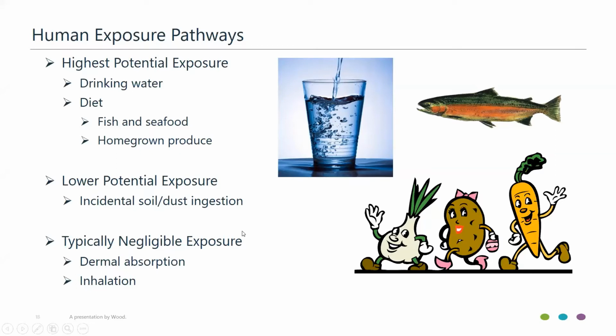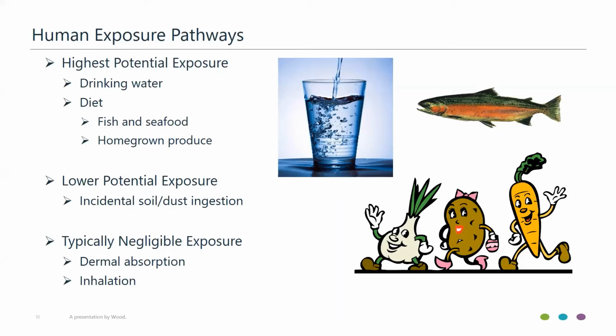And then we see these lower exposure pathways. It's possible to be exposed to PFAS if it's still in the dust. As we said, it's a surface application, so potentially PFAS could still remain in surface soils. But it tends to be in areas that are either still industrial in use, or otherwise it is a lesser exposure pathway.